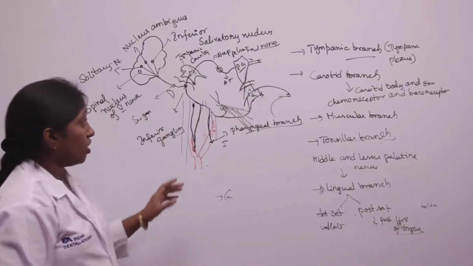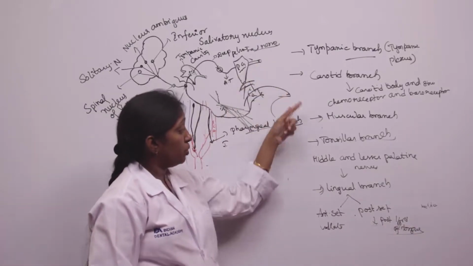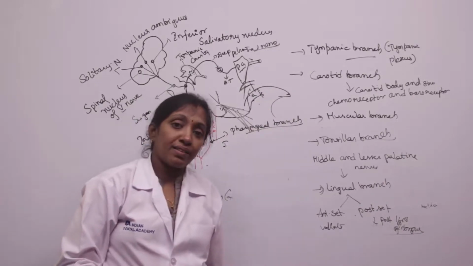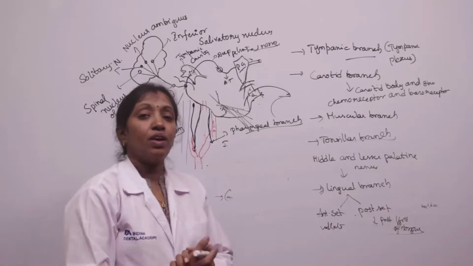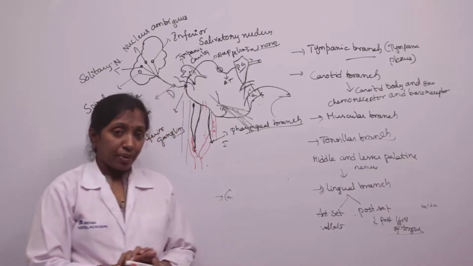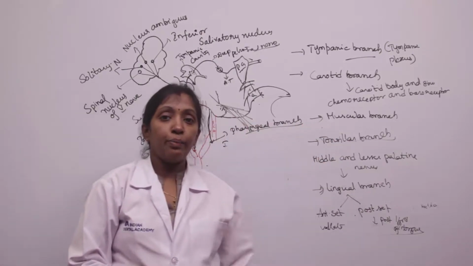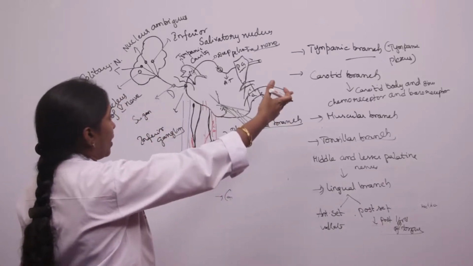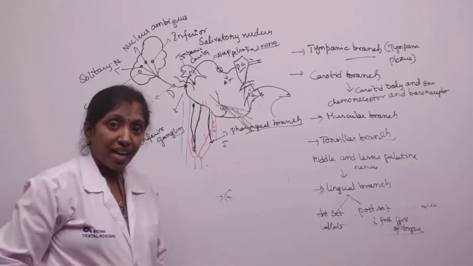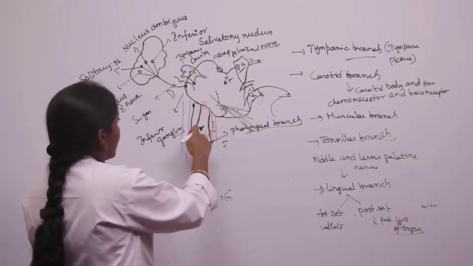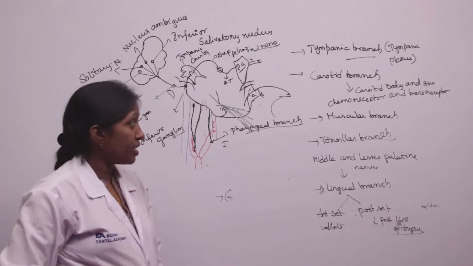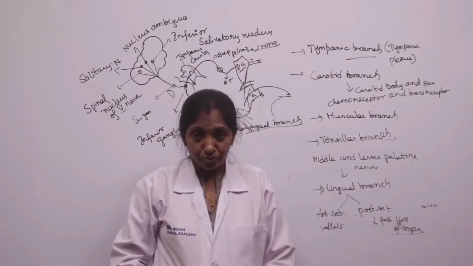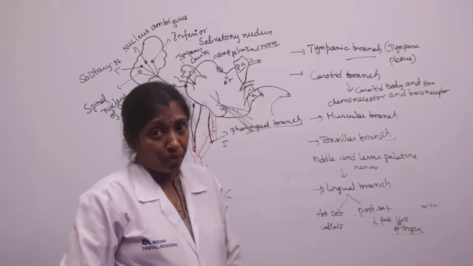So the glossopharyngeal nerve gives off five branches. One is the tympanic branch, which forms the tympanic plexus, and the main branch is the deep petrosal nerve, which carries preganglionic parasympathetic fibers. The next is the carotid branch, which descends and forms carotid nerves supplying the carotid body and carotid sinus along with the vagus and sympathetic nerves. The third is the muscular branch, which enters the muscle from its superficial surface.